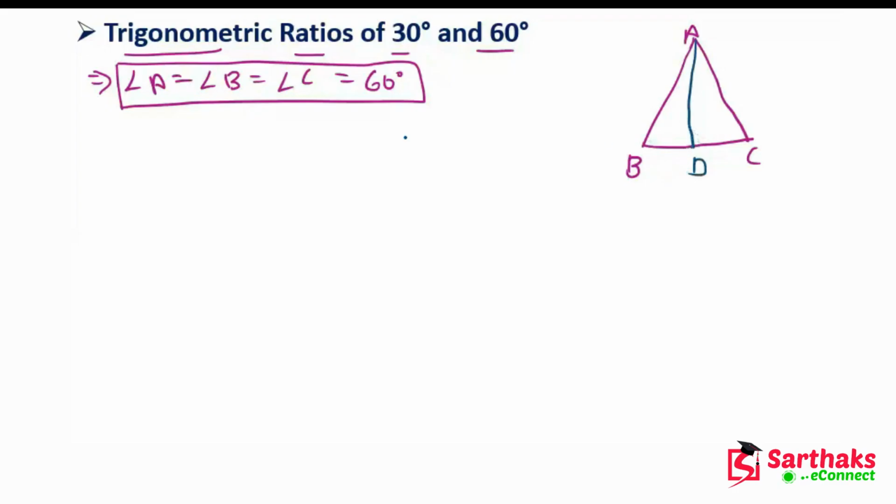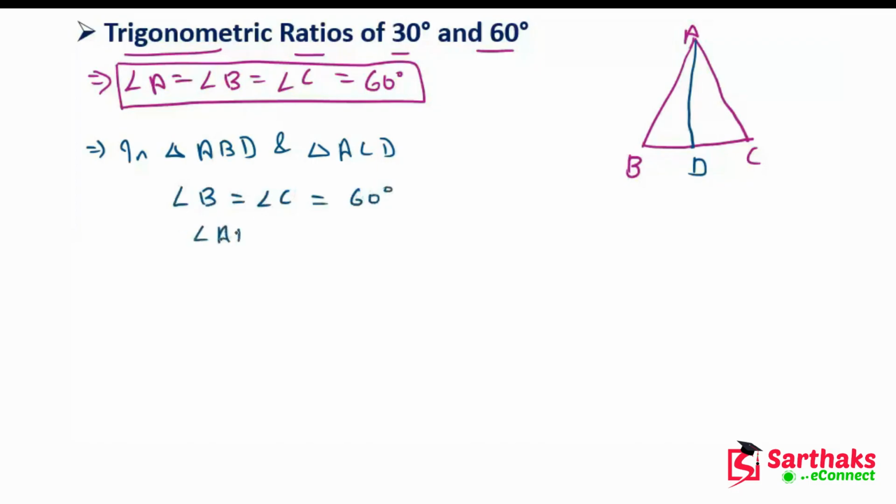Now in triangle ABD and triangle ACD, angle B is equal to angle C because 60 degree both.